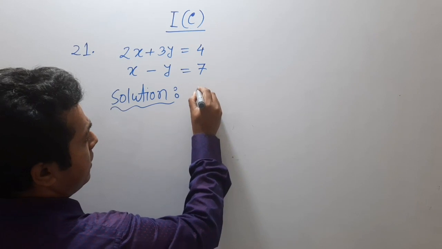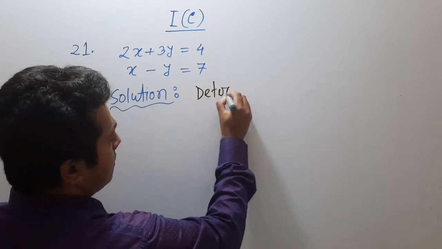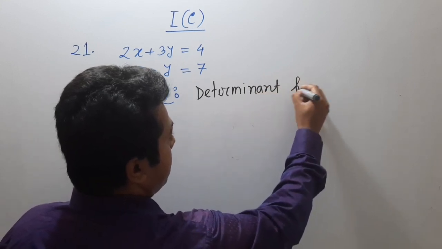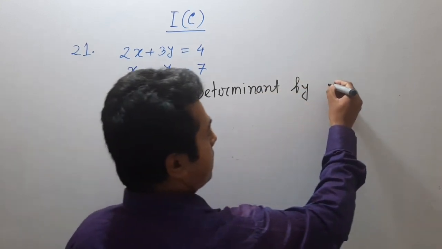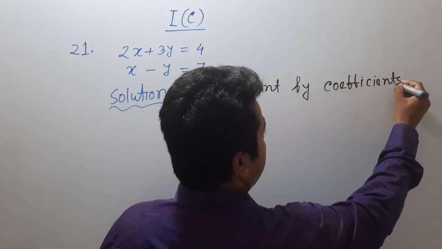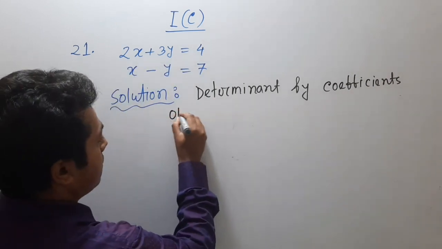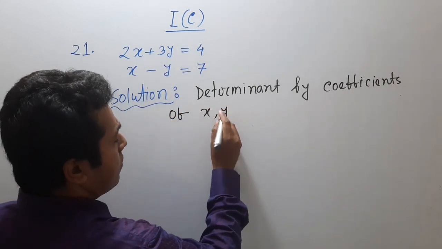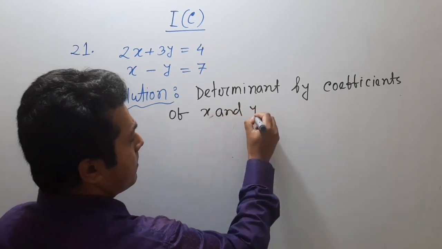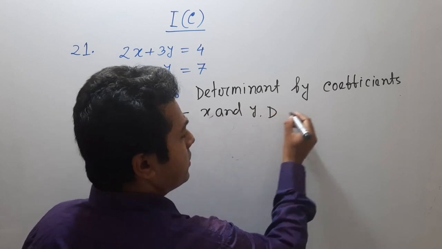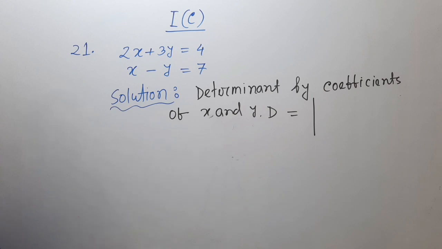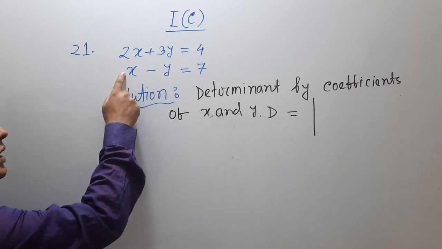So the determinant by the coefficients of x and y, which is denoted by D, is equal to the coefficients of x and y. Here the coefficients of x are 2 and 1.